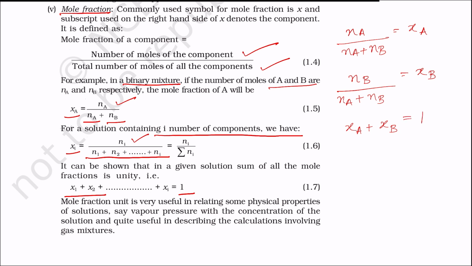Now, mole fraction unit is very useful in relating some physical properties of solutions like vapor pressure with the concentration of the solution, and quite useful in describing the calculations involving gas mixtures.